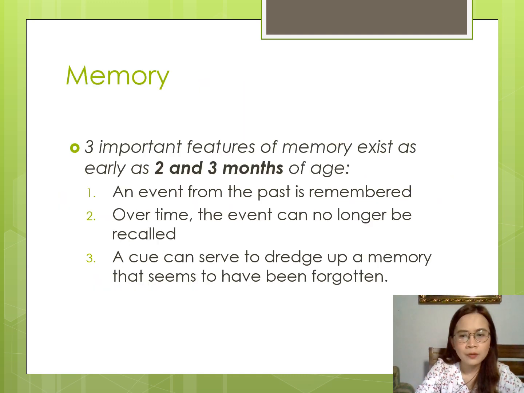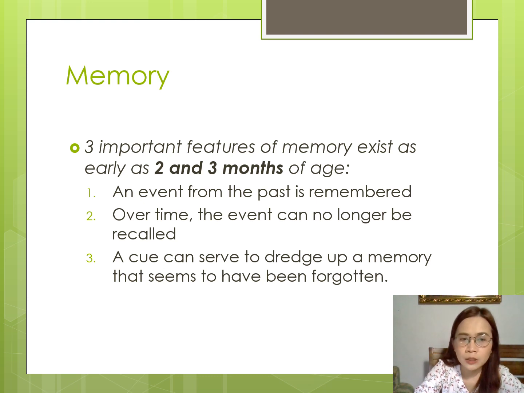Okay, so another aspect in cognitive processes is the memory. So there are three important features of memory that exist as early as 2 and 3 months of age. So number one, an event from the past is remembered. Two, over time, the event can no longer be recalled. And three, a cue can serve to dredge up a memory that seems to have been forgotten.